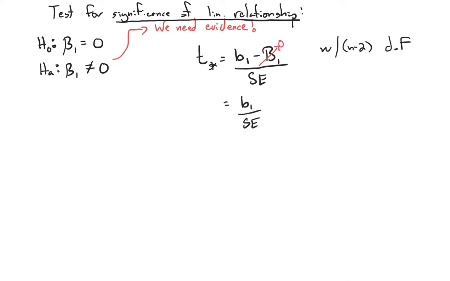So really our test statistic is b1 over our standard error. And the number of degrees of freedom is n minus 2. Again, that's for technical reasons. Basically, you can think of you need 2 points to be able to define a line, so we have to subtract 2. That's a reasonable explanation of that.